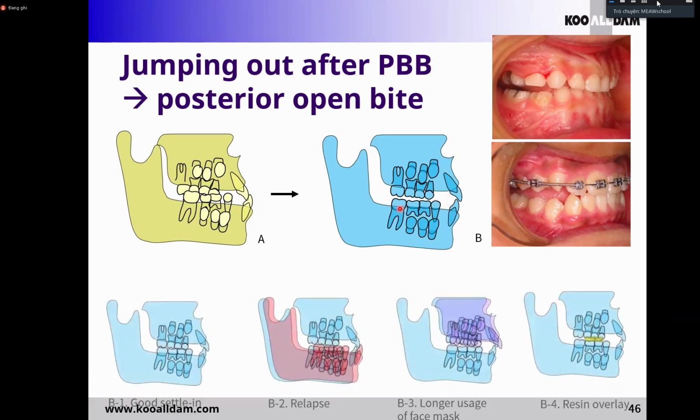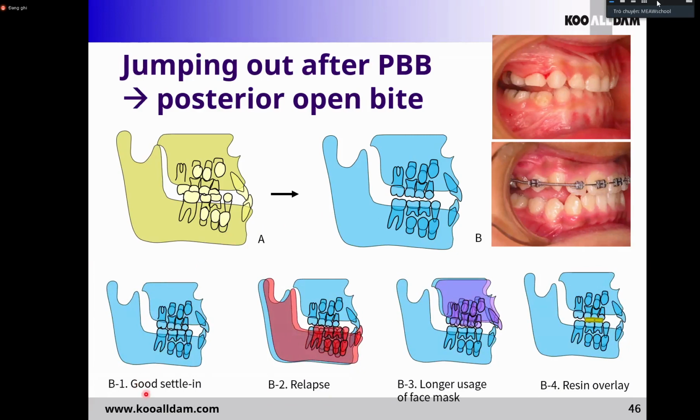At that time, we want it to settle well. However, in some cases, you can see the relapse like this.